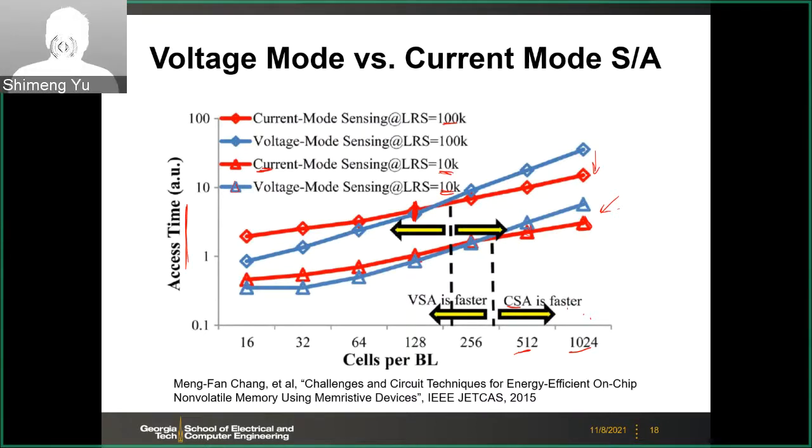So generally, the conclusion is that for larger arrays and smaller currents to sense, the current mode is faster. This is generally true.